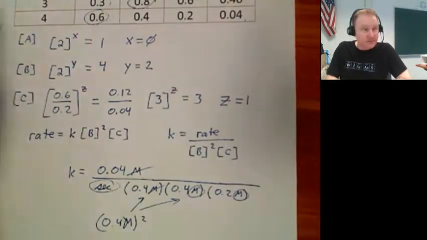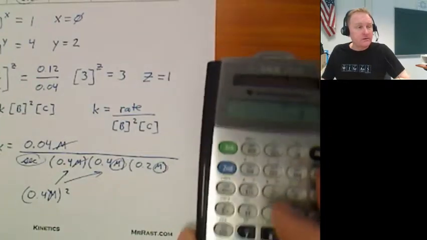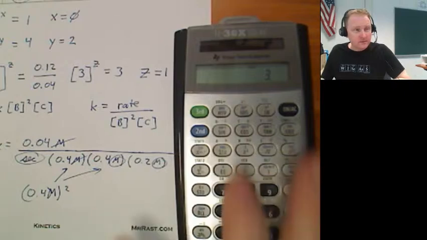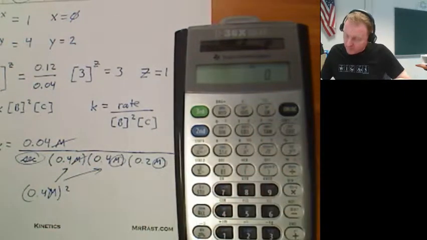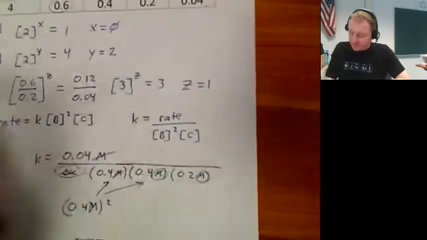Let's calculate that out real quick: 0.04 divided by 0.4 divided by 0.4 divided by 0.2 is 1.25.